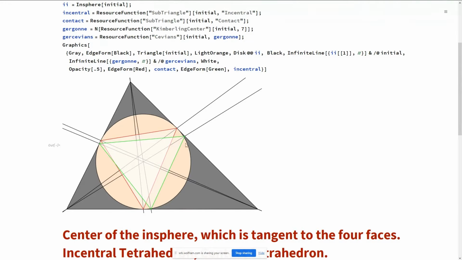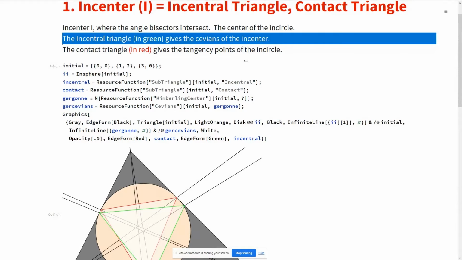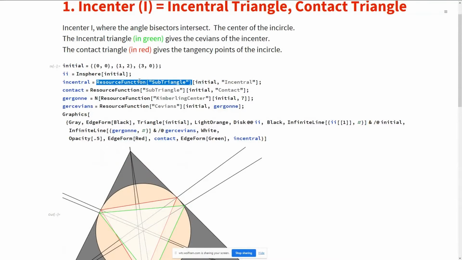If you extend out to the opposite sides, you get what's called the incentral triangle, and that makes this green triangle here. The incircle itself is tangent at the contact points, so the red triangle is the contact triangle. We used Subtriangle, Kimberling Center, Cevians to make this diagram, and InSphere.